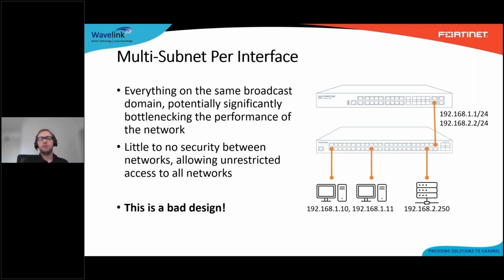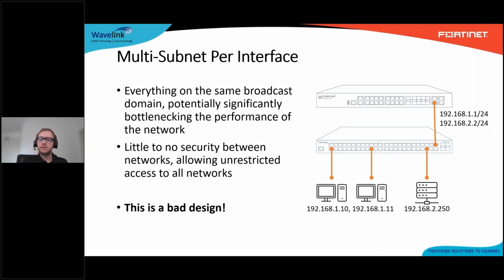Now, the second major issue with this is security. Again, thanks to everything being on the same broadcast domain, there is little to no security between the IP subnets, as traffic is either not routed through a firewall or there's very little security policies that are implemented.